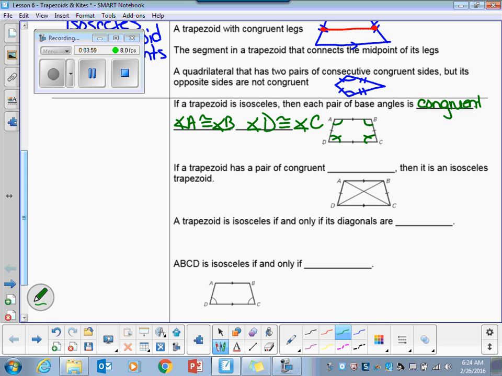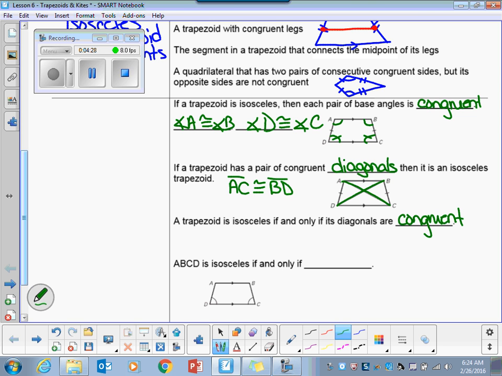If a trapezoid has a pair of congruent diagonals, then it is an isosceles trapezoid. So if AC is congruent to BD, trapezoid ABCD has to be isosceles. A trapezoid is isosceles if and only if its diagonals are congruent.